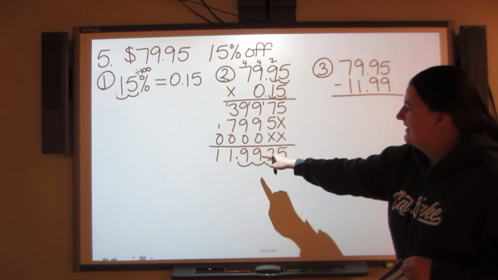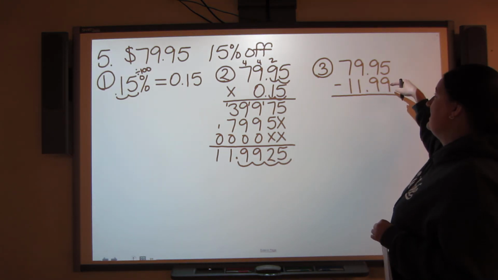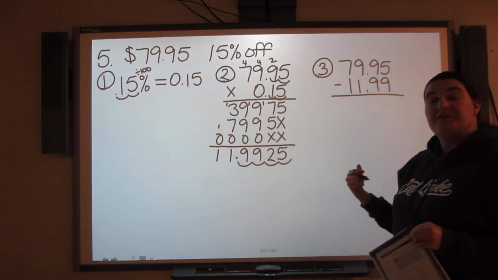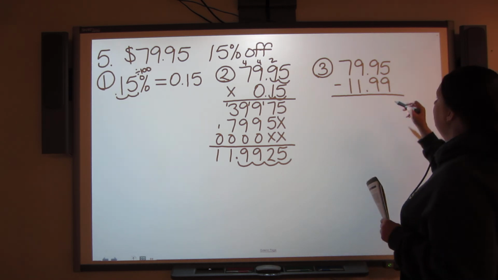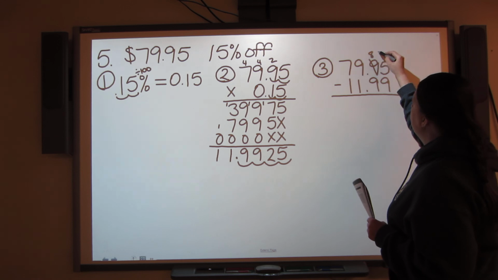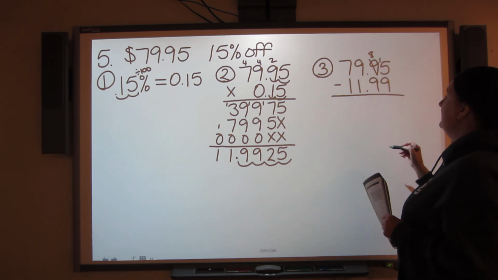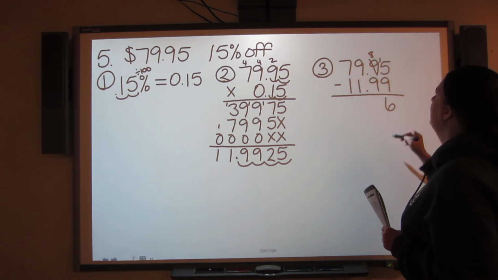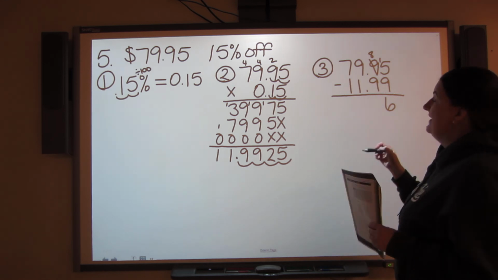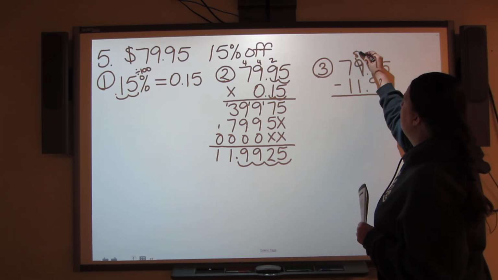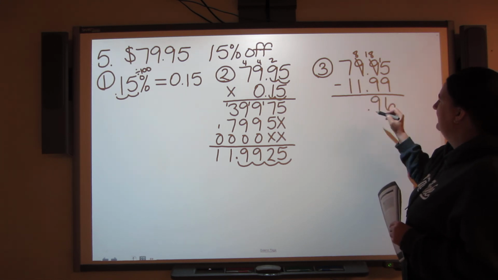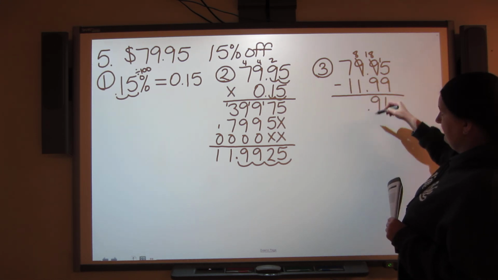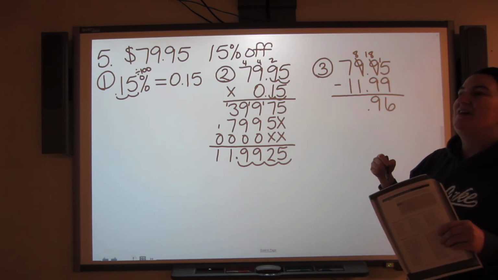You take that discount dollar amount to step 3, where you minus it from the regular price $79.95. So 5 minus 9, you can't do that. You're going to have to borrow. 15 minus 9 is 6. 8 minus 9, you can't do that either, so you're going to have to borrow. 18 minus 9 is 9. All of my place values are lined up.